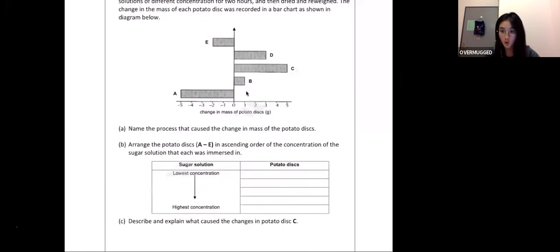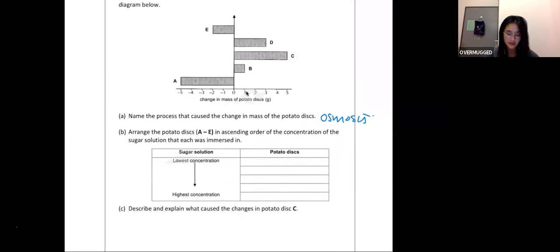The answer will always be osmosis. If you ever have any question in exams, whether potato strip, sweet potato strip, or carrot strip, put in sugar solution, just remember the answer is always osmosis. It will be the movement of water molecules. So part A, answer: osmosis.